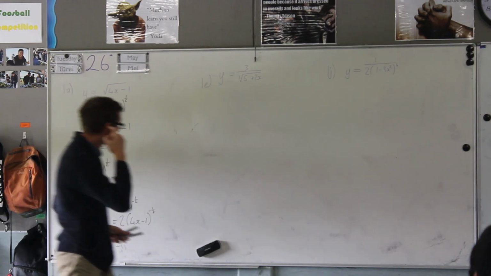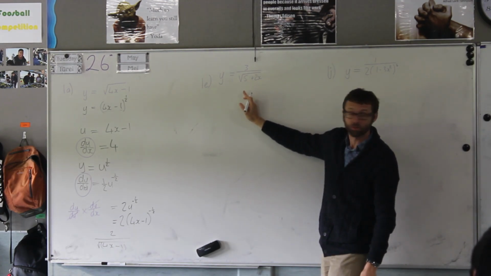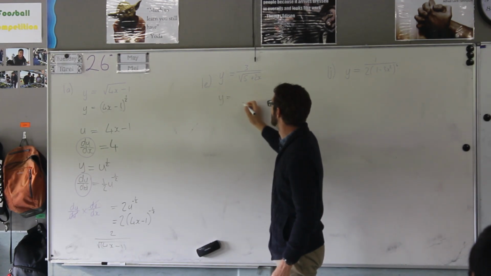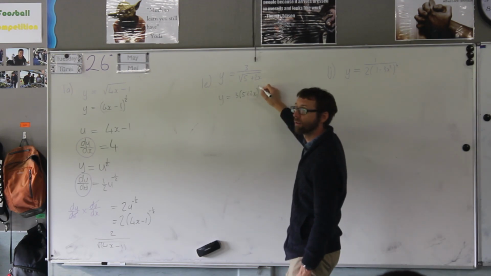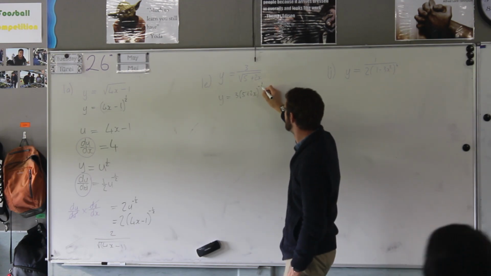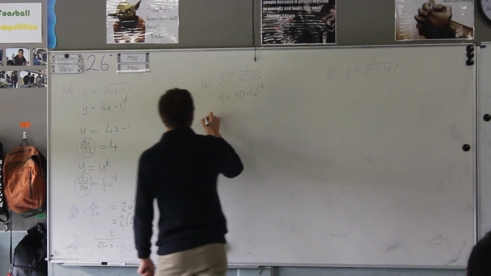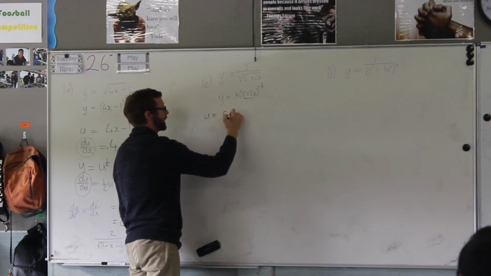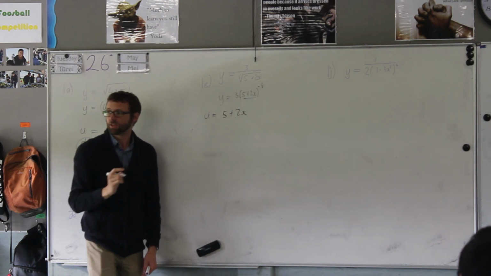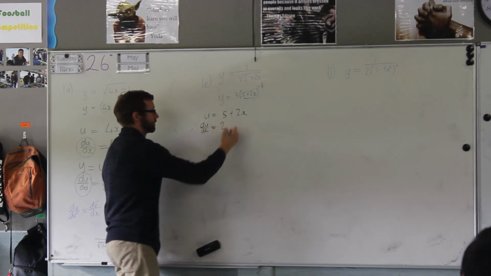Let me give you another example. Here I've got y is equal to 3 all over the square root of 5 plus 2x. So I could rewrite this as 3 times (5 plus 2x) to the power of negative 1/2. Then we do the same thing here. Let's say u is equal to this bit here, 5 plus 2x, and therefore du dx must be 2.